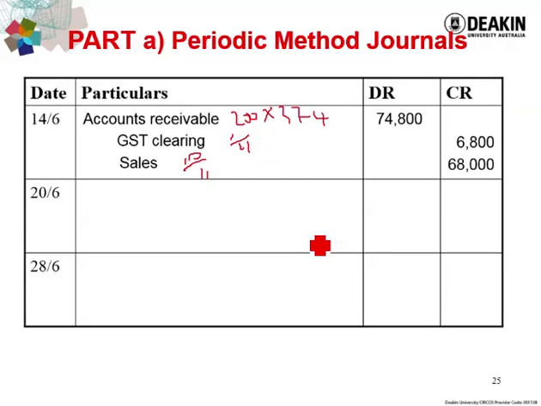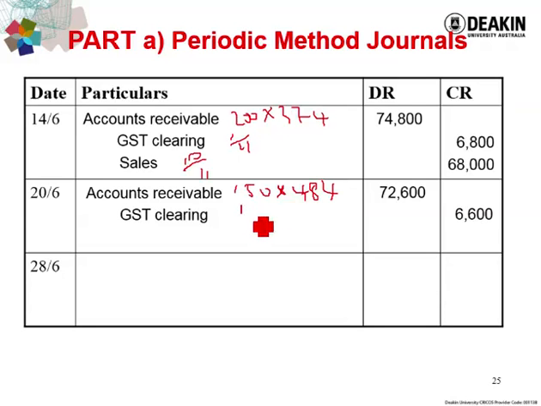On 20th June, you sold 150 tables at $484 GST inclusive each. So here you debit accounts receivable 72.6K, which is calculated as 150 multiplied by 484 GST inclusive. Then you credit GST clearing 1 over 11, 6.6K. You credit sales revenue 66K, 10 over 11.